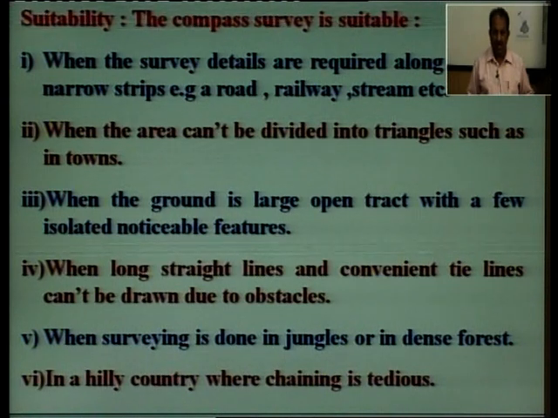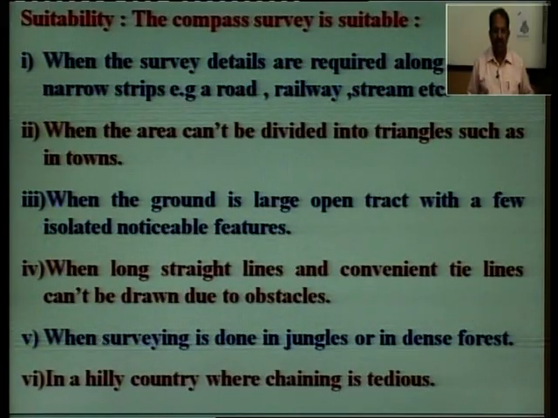Number 2, when the area cannot be divided into triangles, such as in towns or cities. When we are unable to divide the area into triangles, in that case we can do compass survey.